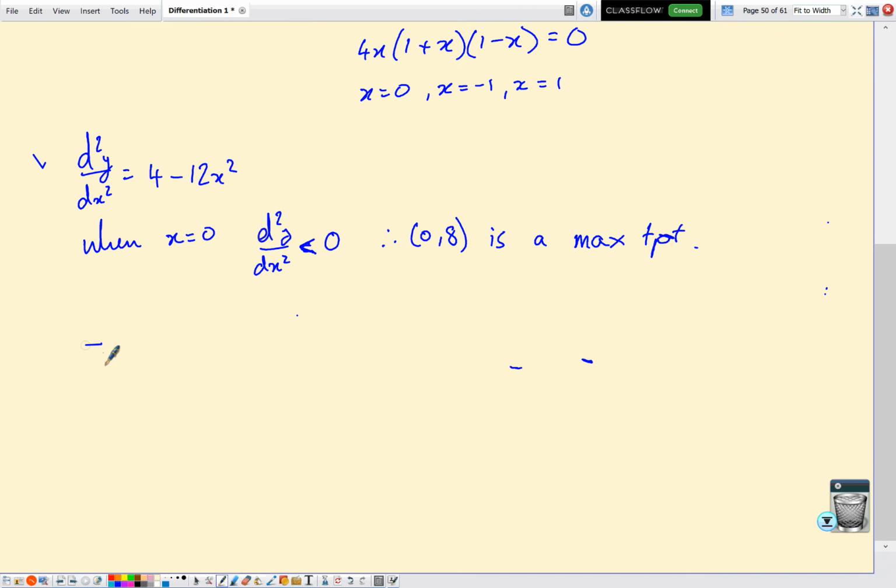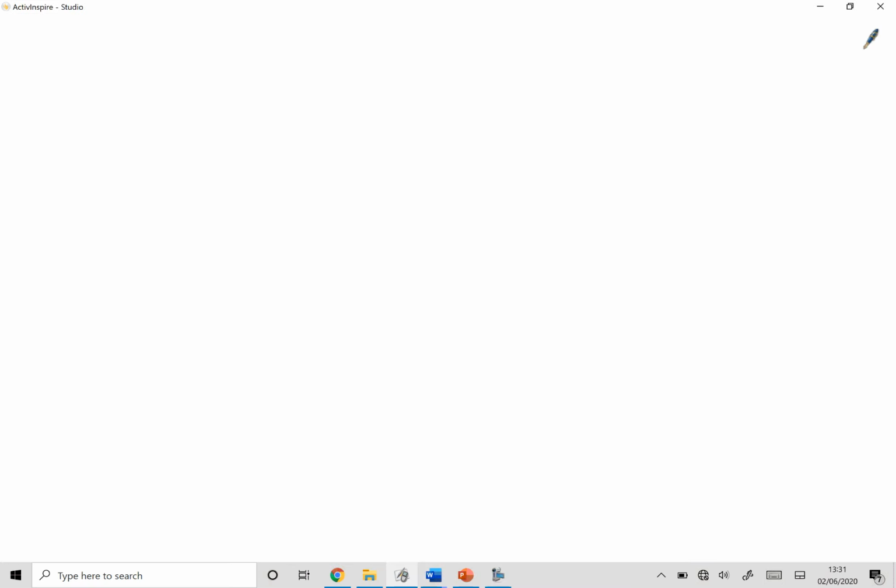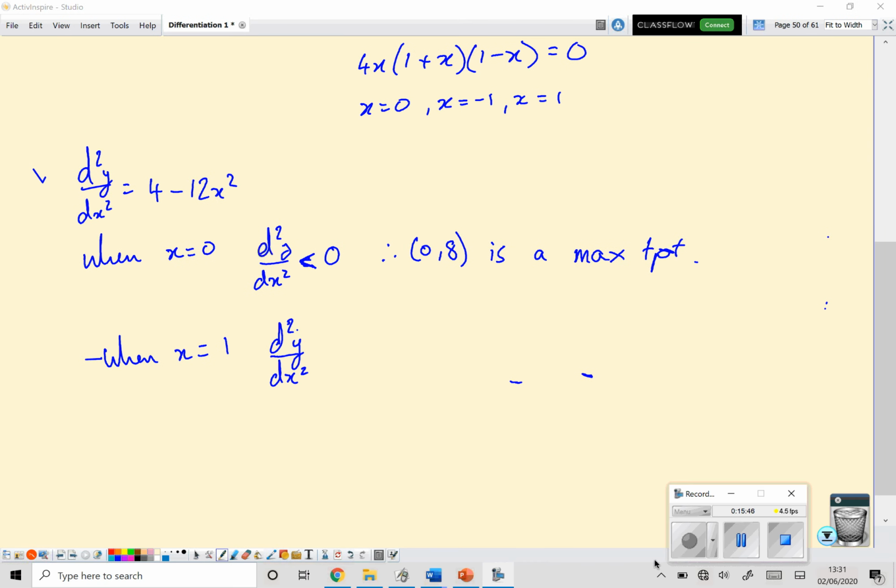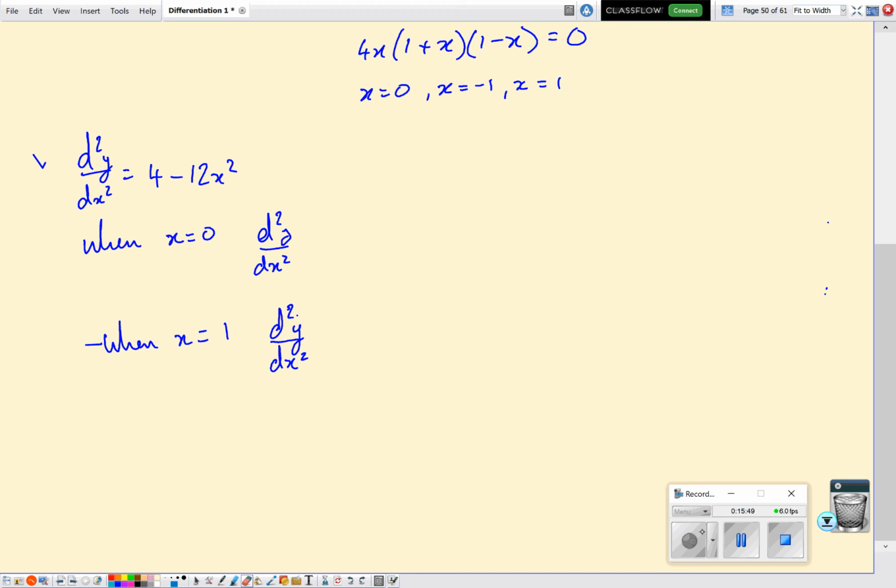So we can say when x is equal to, I'll do 1, the second derivative is going to be, oh, actually, I made a mistake with that, didn't I? That was a bit silly. Right, start that one again.